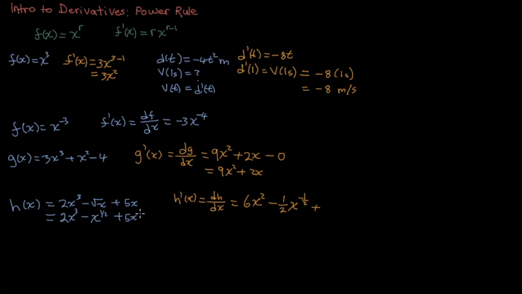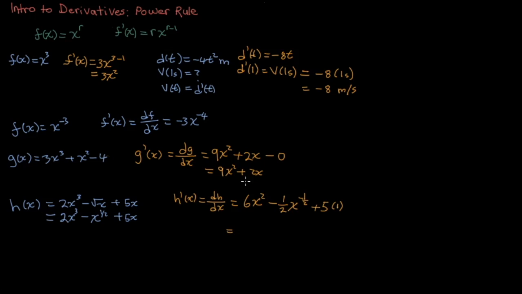So here, there's an imaginary 1, so it'll be 1 times 5, and it'll just be 5, and then we're going to decrease the exponent here, so 1 minus 1 is 0, and anything to the power of 0 is just 1. So we would write it like so.